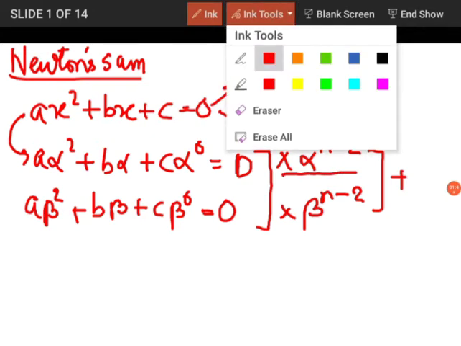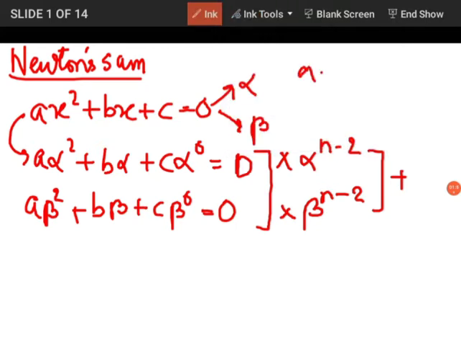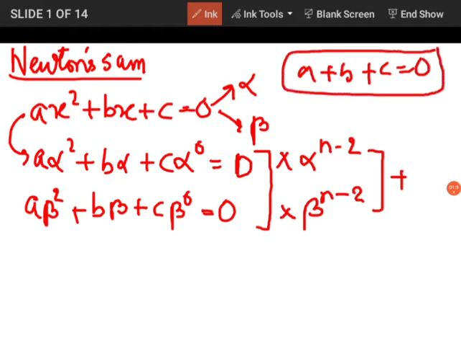You may have a question, but yes, this step is correct. Why? Because if you say a plus b plus c, their sum is 0. So if we multiplied a plus b plus c with any number or anything, the answer will still be 0, right? If I multiplied with any number, say k, this will still be 0, right?